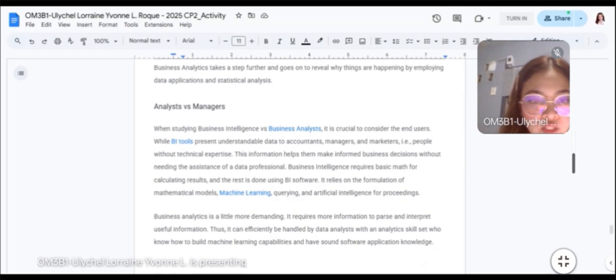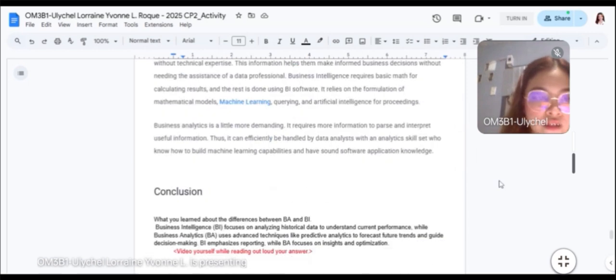This information helps them make informed business decisions without needing the assistance of a data professional. Business intelligence requires basic math for calculating results, and the rest is done using BI software. It relies on the formulation of mathematical models, machine learning, querying, and artificial intelligence for proceeding.